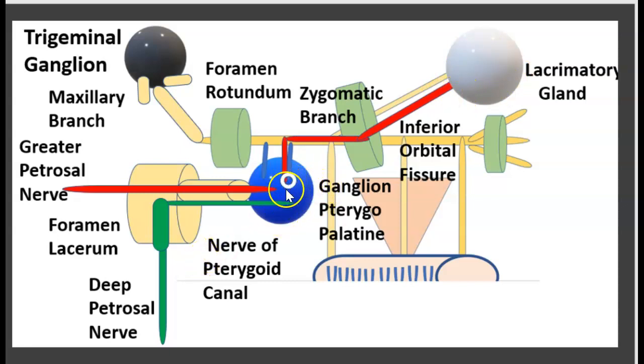I repeat, postganglionic parasympathetic fibers coming from the pterygopalatine ganglion go through the zygomatic branch of the trigeminal maxillary branch to reach the lacrimal gland.